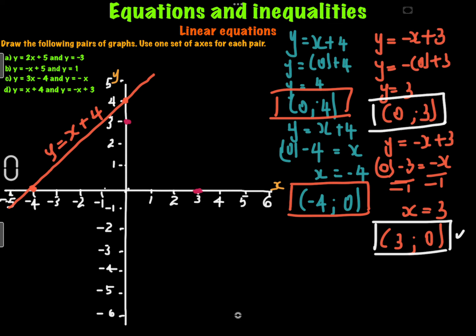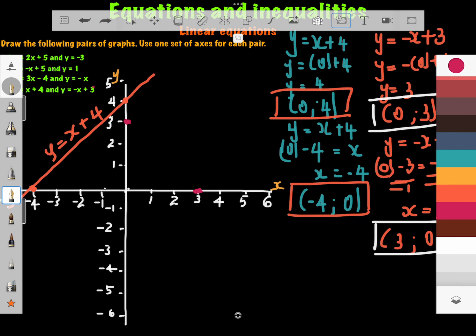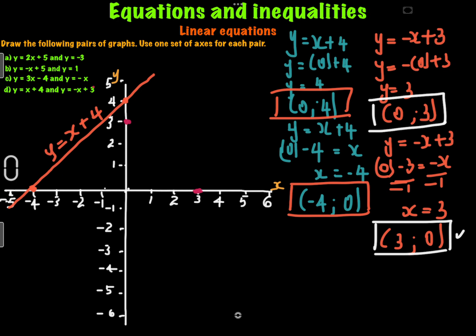So what we need to do is just to simply join those 2 points by means of a line on the Cartesian plane. So essentially what we have, this line represents y is equals to negative x plus 3.